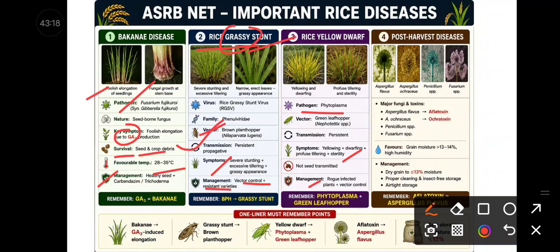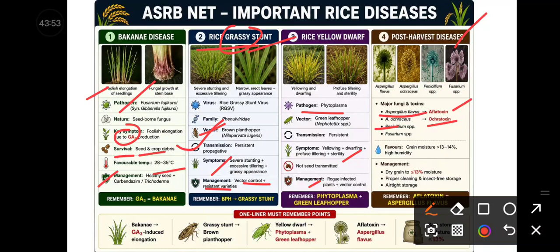Next, the last one, post harvest diseases. Post harvest diseases are caused mostly by Penicillium species and Aspergillus species. Remember this. Aspergillus flavus is known for the production of aflatoxin. Aspergillus ochraceus is known for the production of ochratoxin.